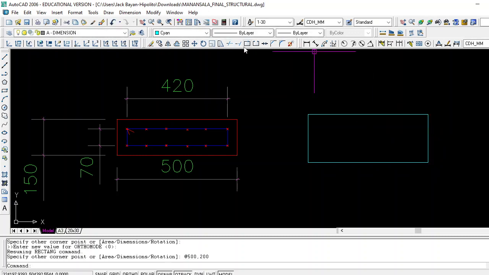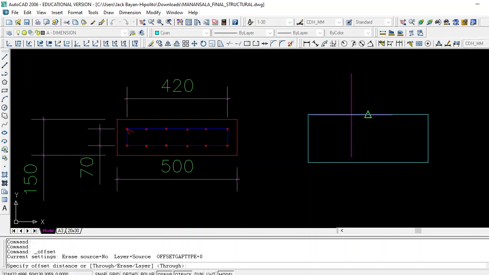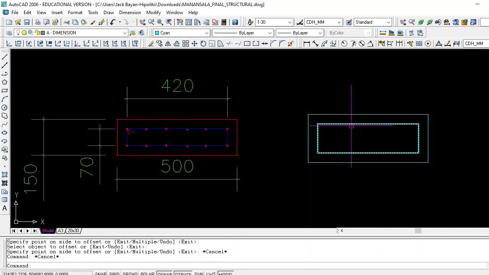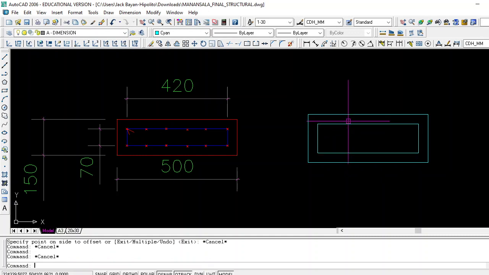So, next thing you have to do is to offset your column with a distance of 40. Ito na ngayon ang magiging measurement ng ties nyo. Okay? Yung lateral ties nyo.